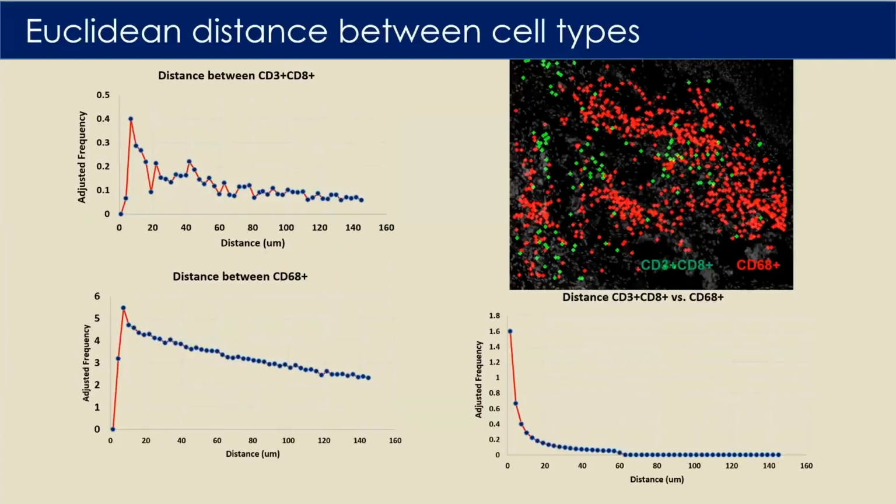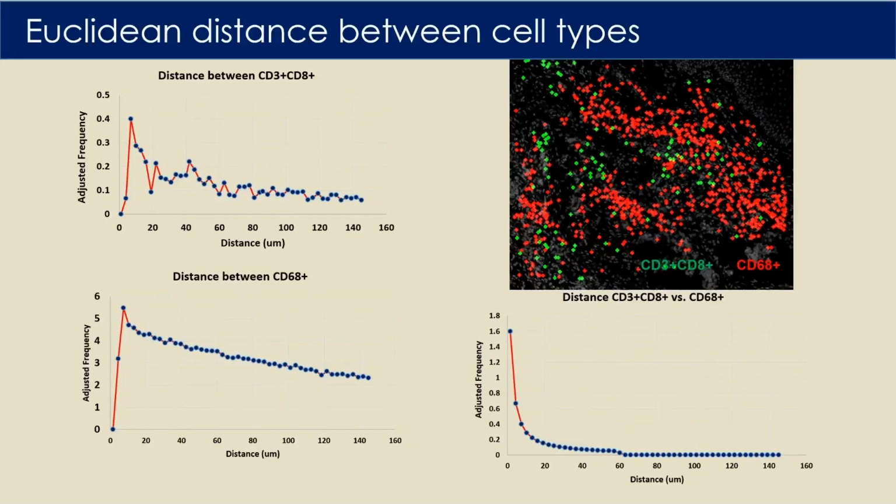We have also looked at the quantification of the actual physical distances, or the Euclidean distances between cells. Shown here is one of the examples where we studied the frequency of CD3, CD8 cells that are located at the indicated distance in pixels between each other, shown here on the upper left-hand panel. We also looked at the frequency that CD68 cells are located between each other at the indicated distance on the lower left-hand panel.